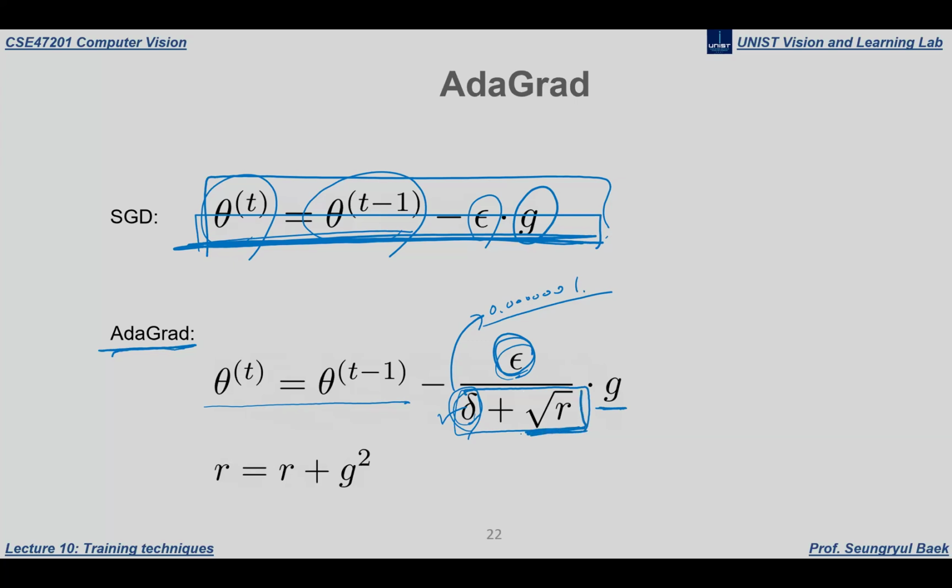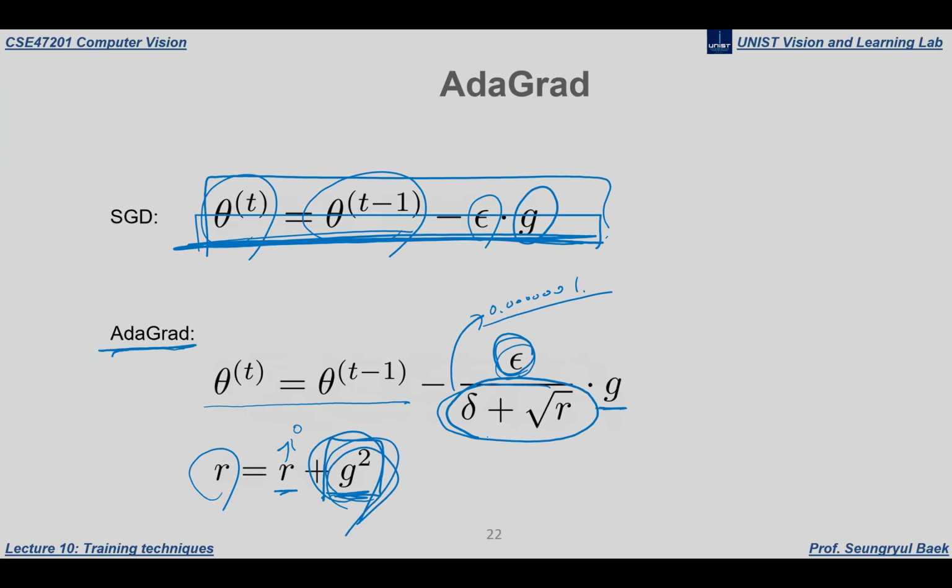But here, this root R is the one we want to use. Initially, R is 0, but the square of the gradient is added to it. They accumulate R with the squared gradient. As a result, this part accumulates the gradient for each parameter.